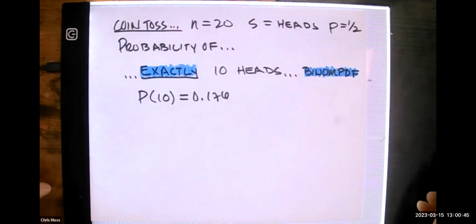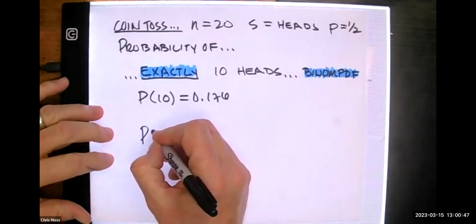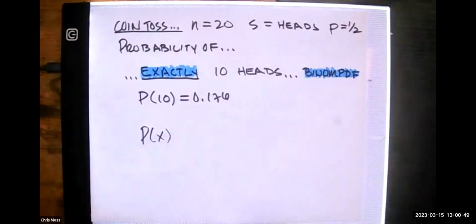All right, so we have a formula for P of X. I do believe you can find it somewhere in that chapter 5. It's in a ridiculous place, but there is a formula in there.